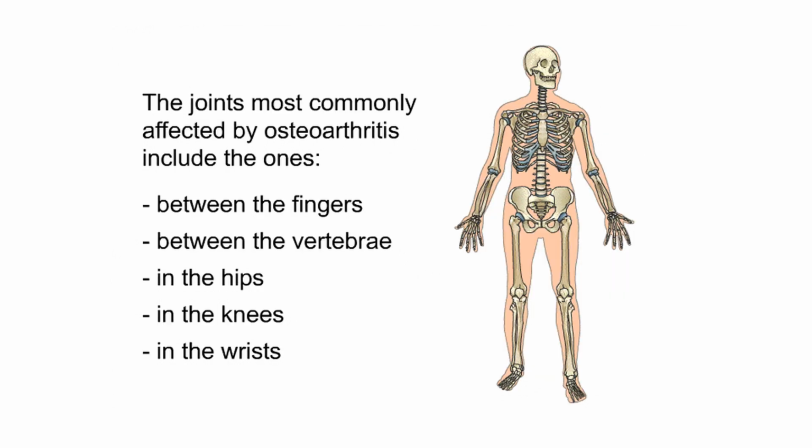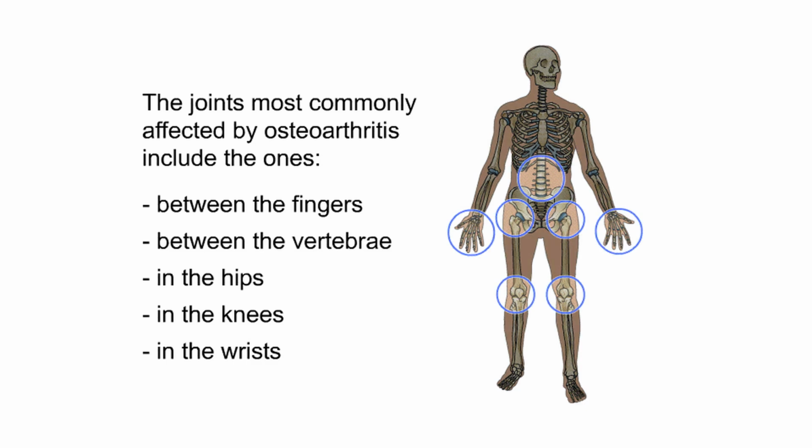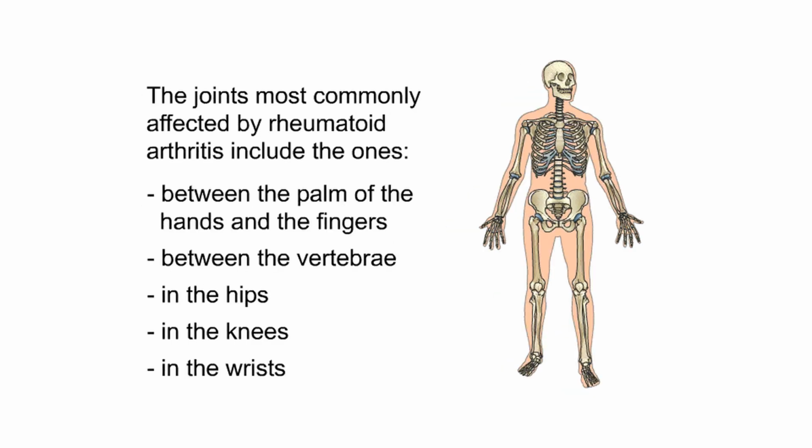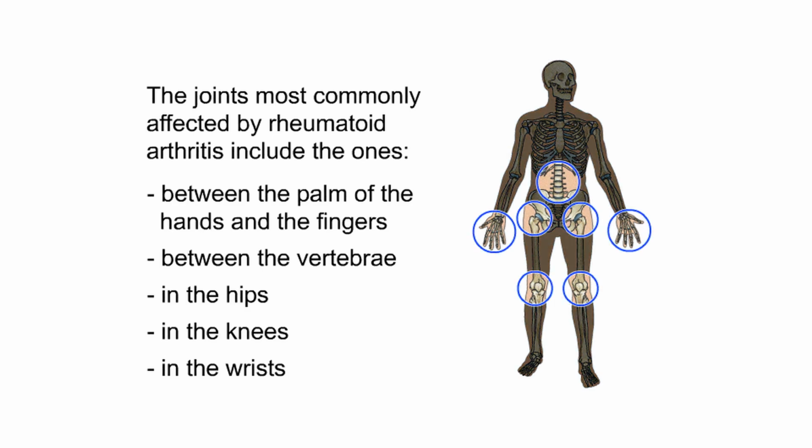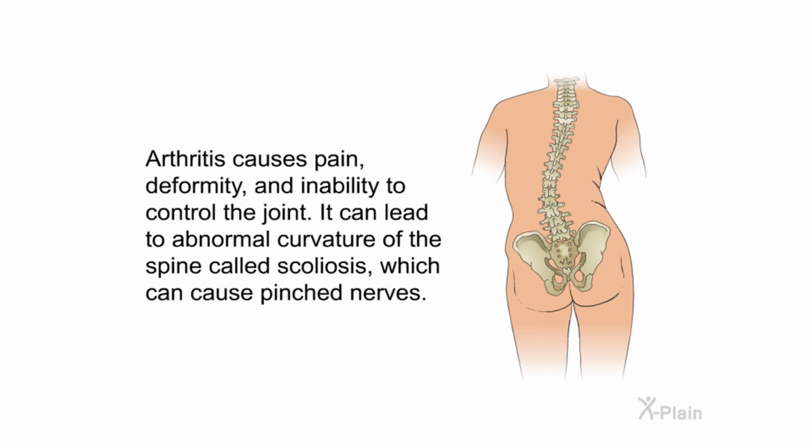The joints most commonly affected by osteoarthritis include the ones between the fingers, between the vertebrae, in the hips, in the knees, in the wrists. The joints most commonly affected by rheumatoid arthritis include the ones between the palm of the hands and the fingers, between the vertebrae, in the hips, in the knees, in the wrists. Arthritis causes pain, deformity, and inability to control the joint. It can lead to abnormal curvature of the spine called scoliosis, which can cause pinched nerves.